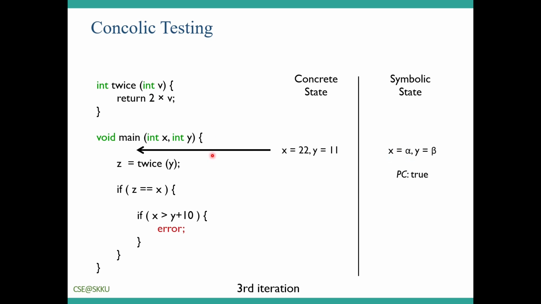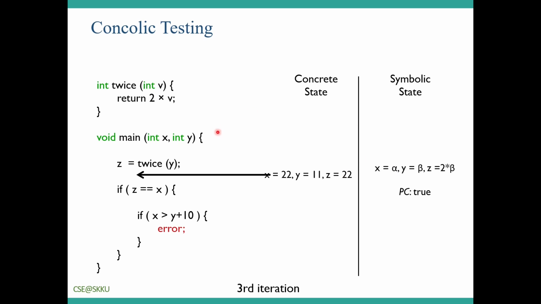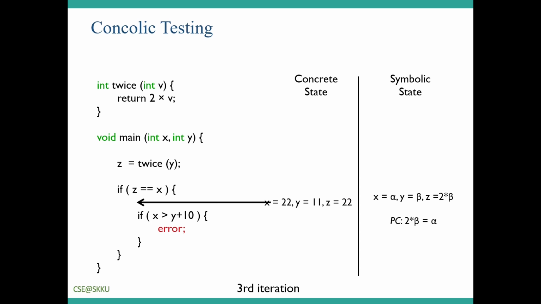At the third program execution, we start with this new input, x is 22 and y is 11, and the symbolic state and the path conditions are initialized as x is alpha and y is beta, and the path condition is true. Then z will be 22, and in the symbolic state z will be 2 times beta, and the path condition is still true.